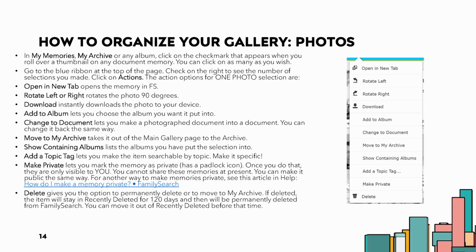You can download, you can add to an album. And this one you can change to a document. So this is what I was talking about. When you have a photo like that scanned record that I had in my gallery, where it was actually a photograph of a document, you can change that to a document by clicking on that, and it'll just let you change it, and then it will show up as a document in your gallery.